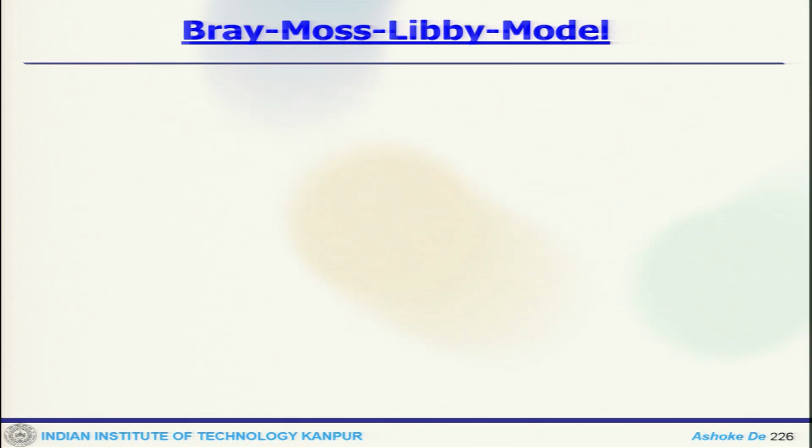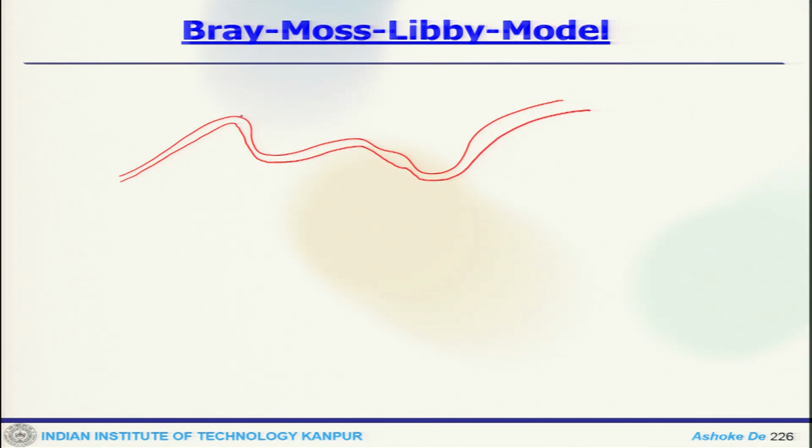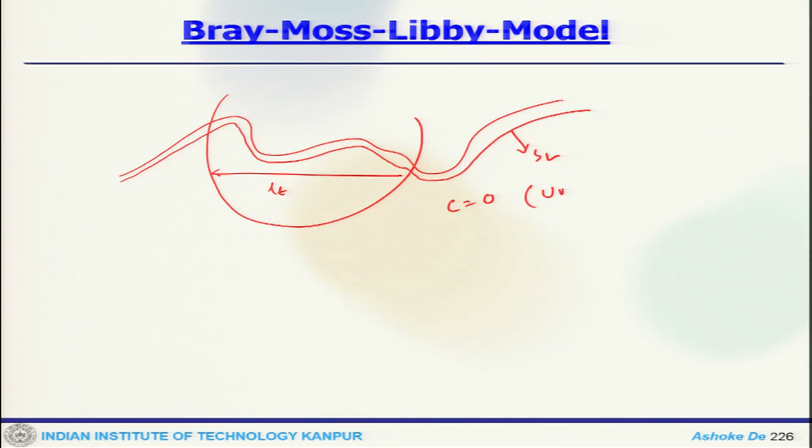Now, you define a flame front like this, let us say, then you say that this is of thickness L_T, then this would be SL, and this side is unburnt, so C0 is unburnt, and this side C1 is the burnt side.